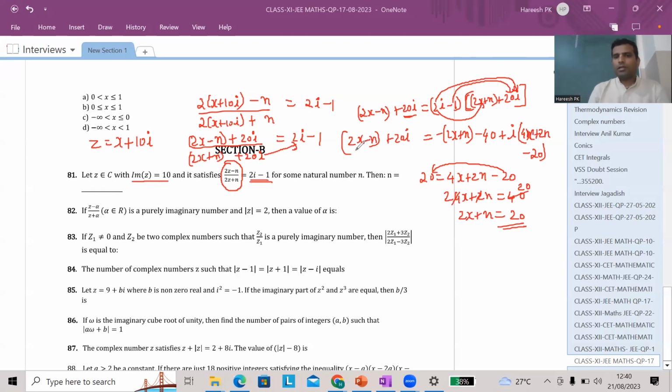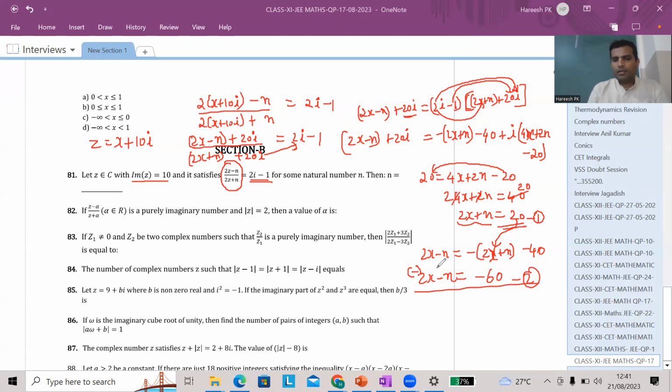Now compare the real terms. 2x minus n is equal to minus of (2x plus n) minus 40. But 2x plus n, I already know is 20. Then if I substitute here, I'll get 2x minus n is minus 60. So now they're asking n value. So two equations are there. Add up both, subtract both.